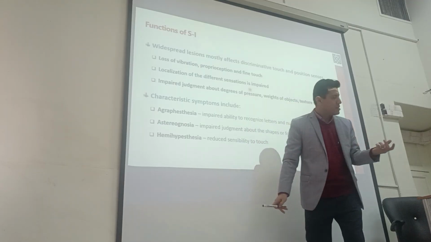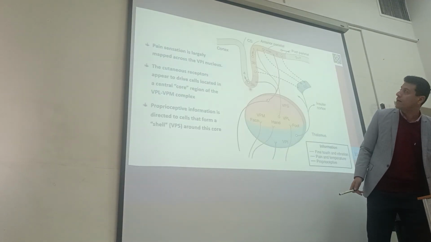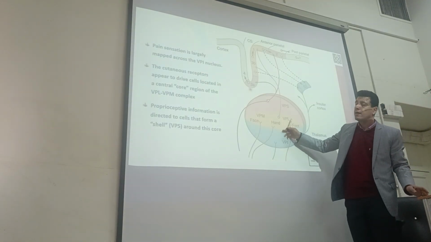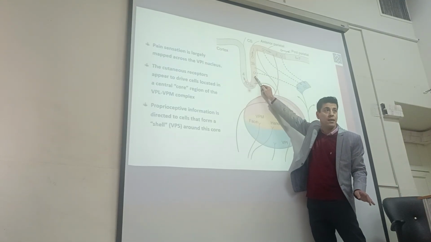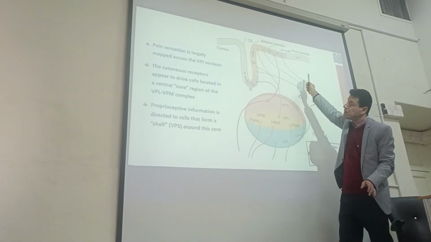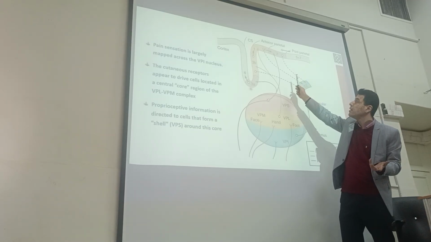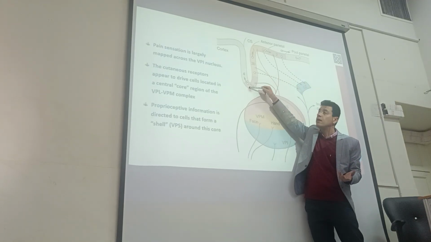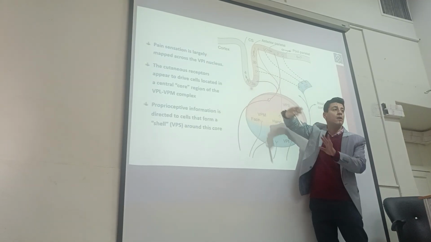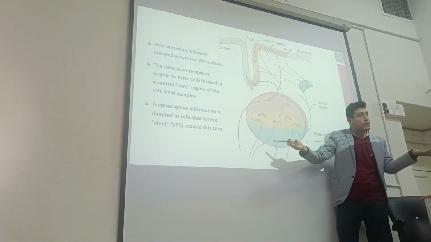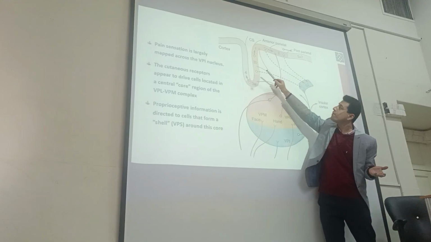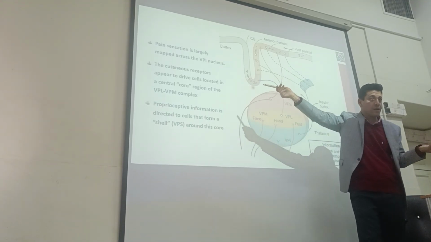Okay? So the reason is here. I told you, information first goes to somatosensory area 1, then from here it goes to the somatosensory association area. So when you remove this area, the functions of this area are lost. The functions of this area are also lost because they need information from this area.